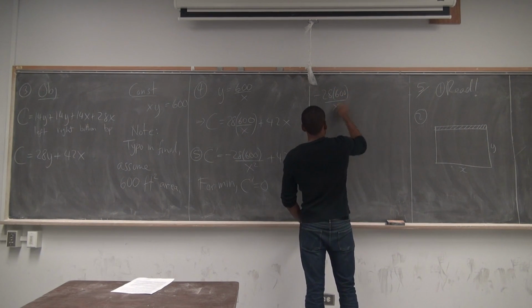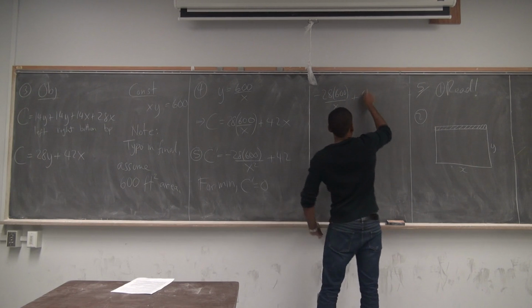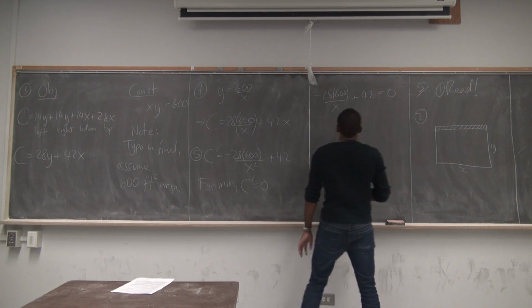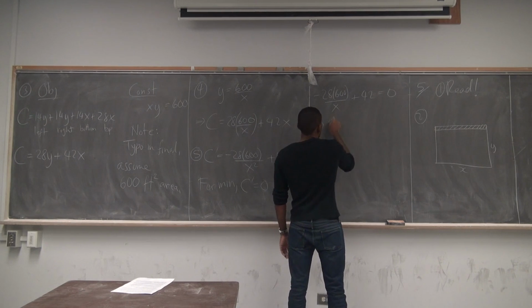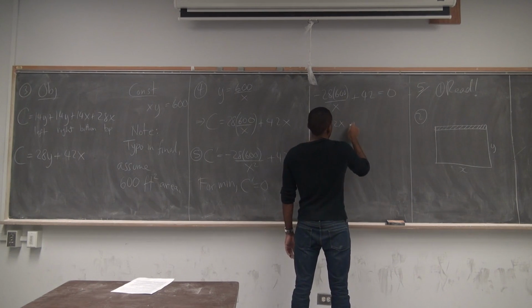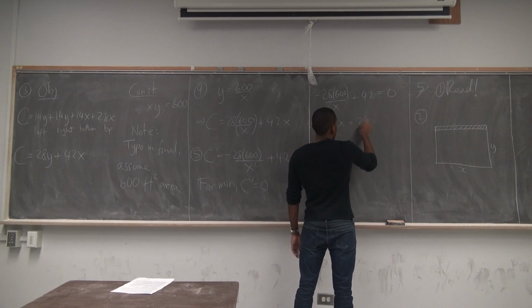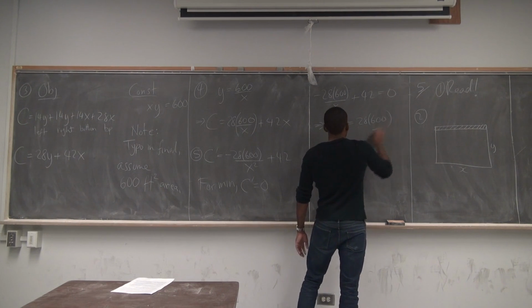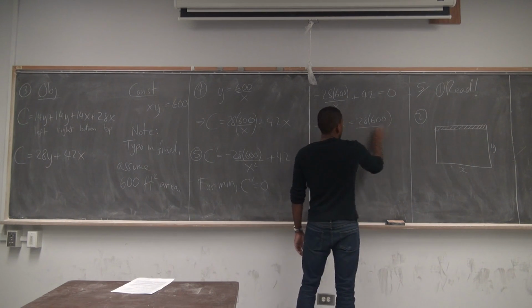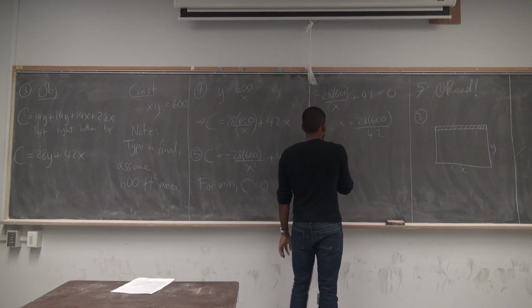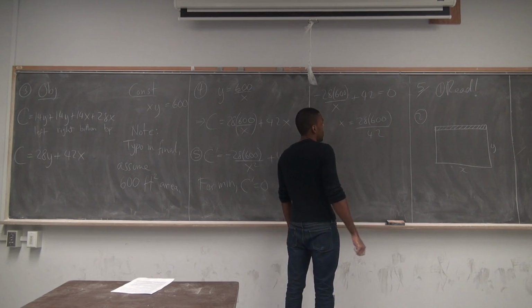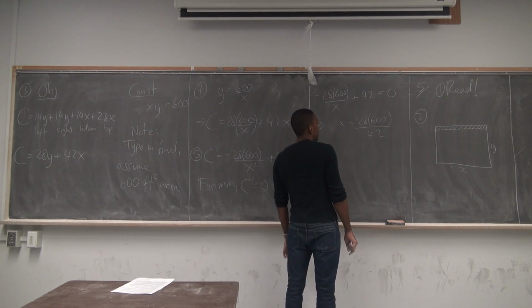Negative 28 times 600 over x squared plus 42 equals 0. That divides evenly.